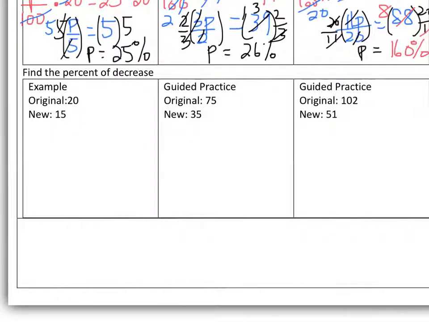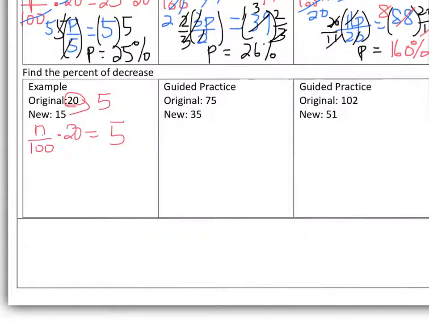To find a percent of decrease, you do the same thing. So n over 100 times, well, it doesn't matter, you could use any variable. Okay, and original, you would write 20, and 20 subtract 15 is just 5. That's the amount of decrease.